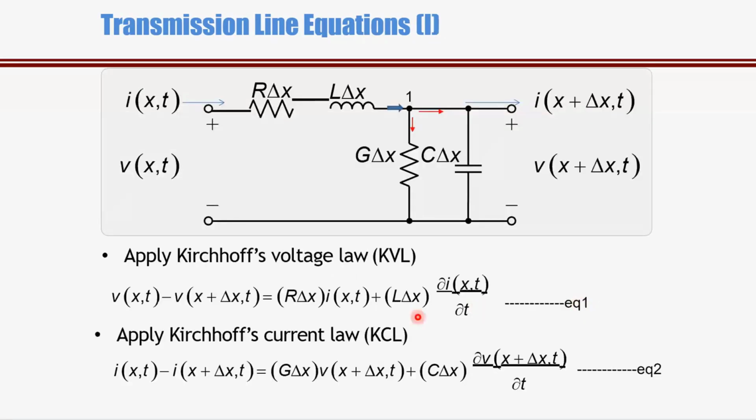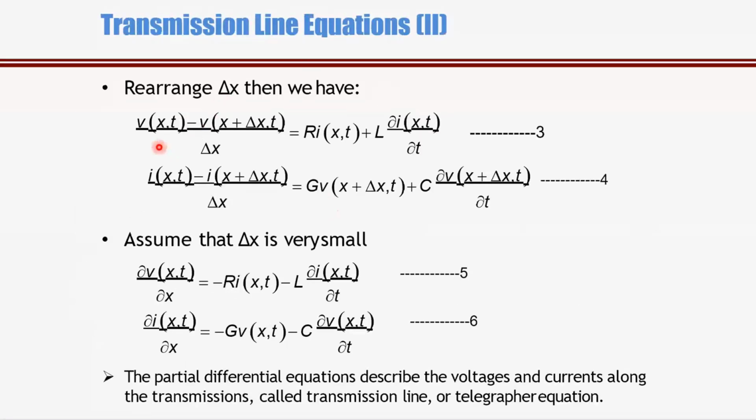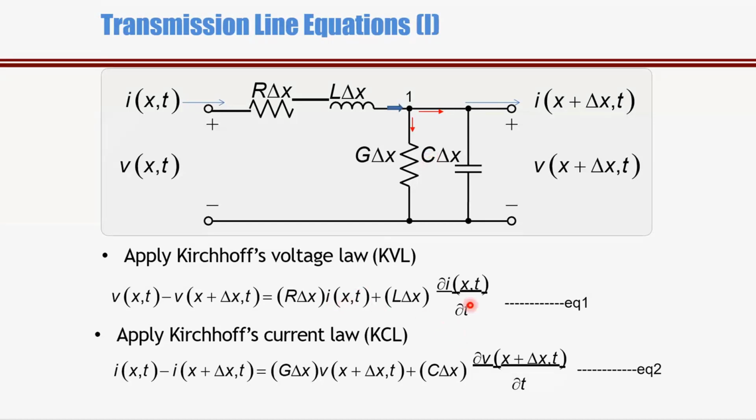Now from equation 1 we can collect these parts together. So what we can write? V of x comma t minus V of x plus delta x comma t, whole divided by delta x, because delta x is common there, and then the right hand side is equal to R into I of x,t plus L dou I by dou t, because it is available in equation number 1.